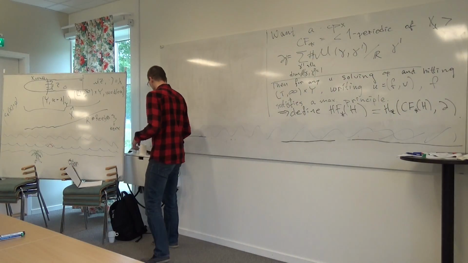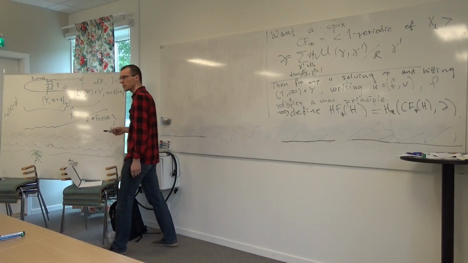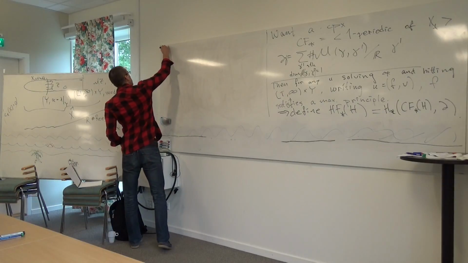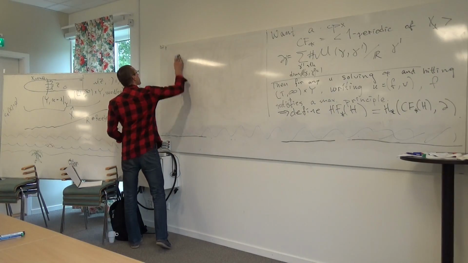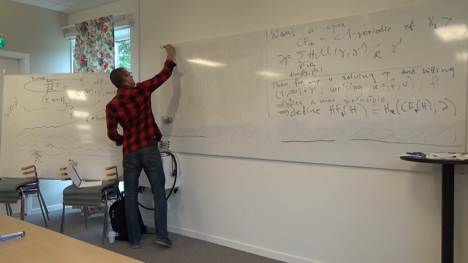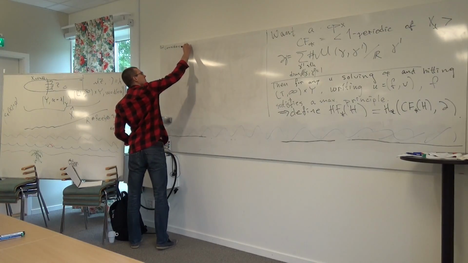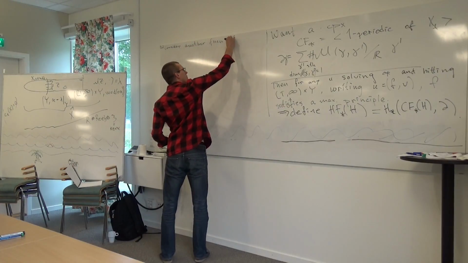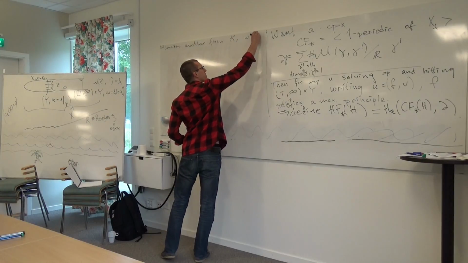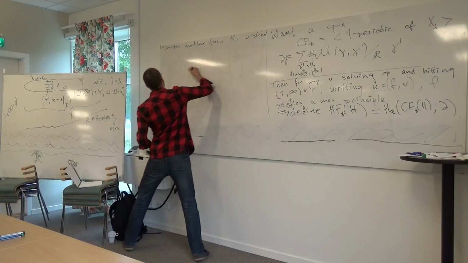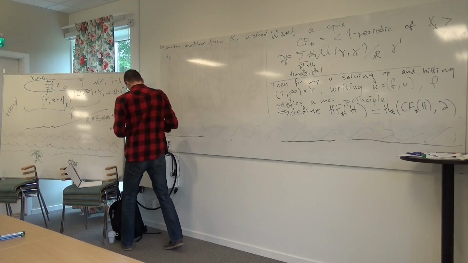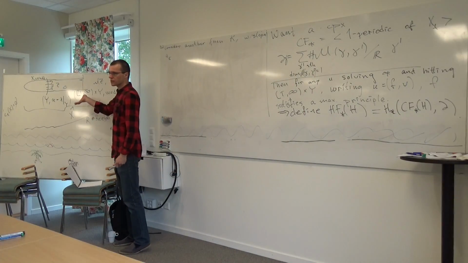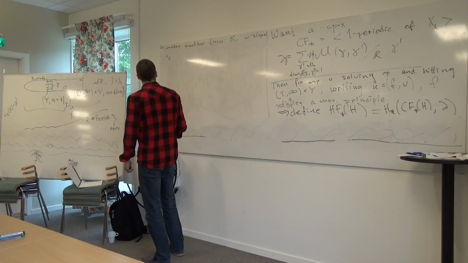So the next question is, how does it depend on H? So if we pick another one, the biggest thing we can do is change the slope. So if we increase the slope, then we can get the result.